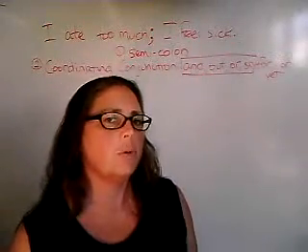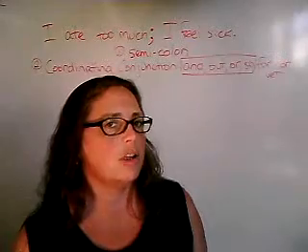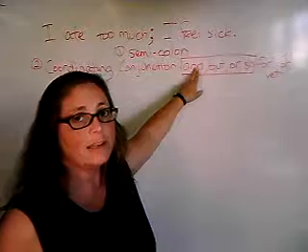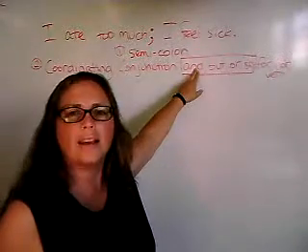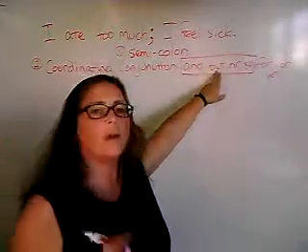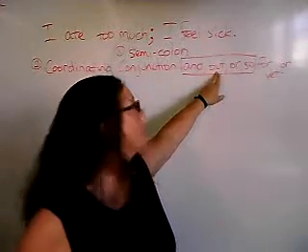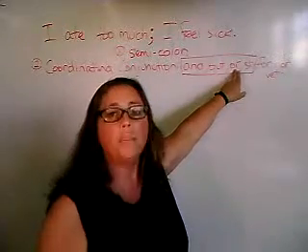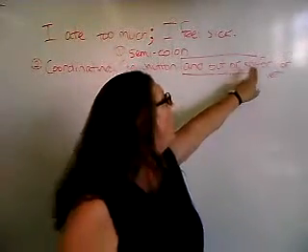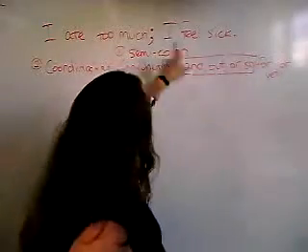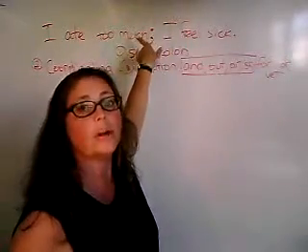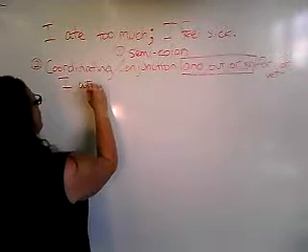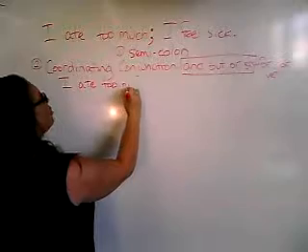When you want to connect two ideas with a coordinating conjunction, you need to decide, are you simply connecting the ideas and not showing what kind of a connection it is? Are you showing contrasting ideas? Are you showing two options or choices? Are you showing a result? Here, this is a result of this. We want to use so.